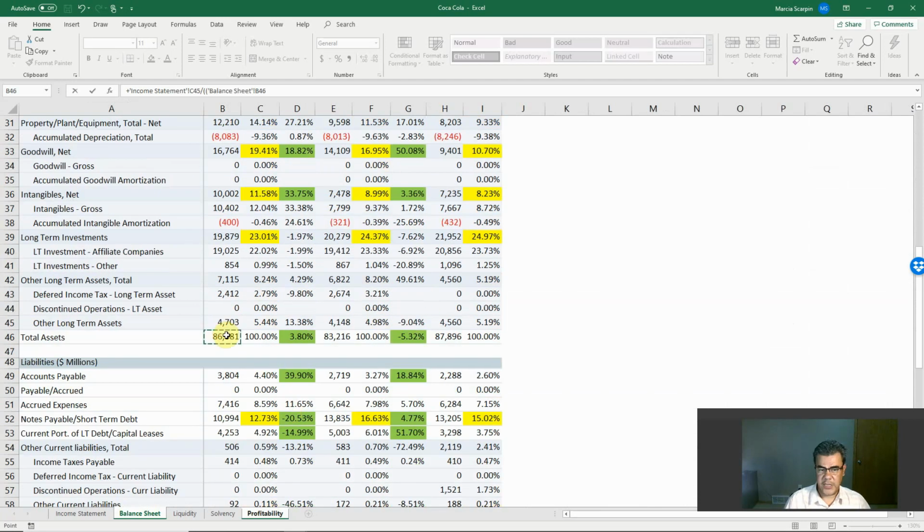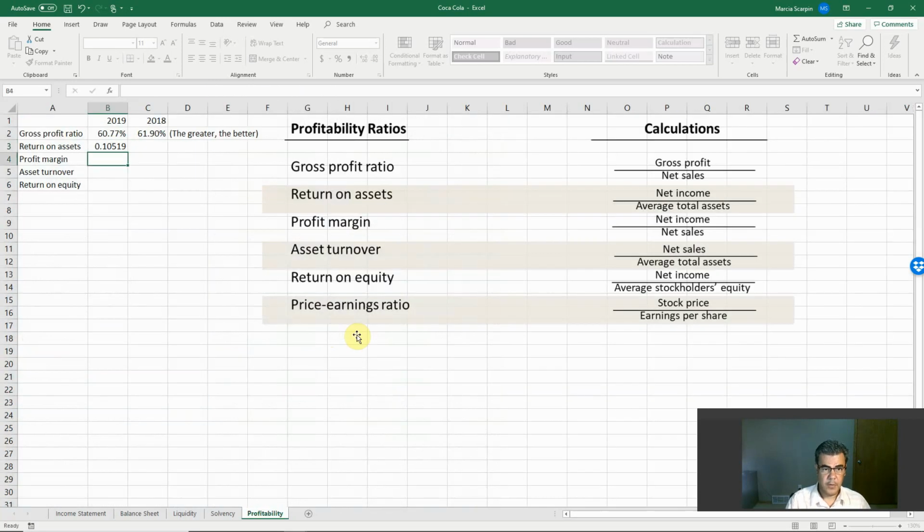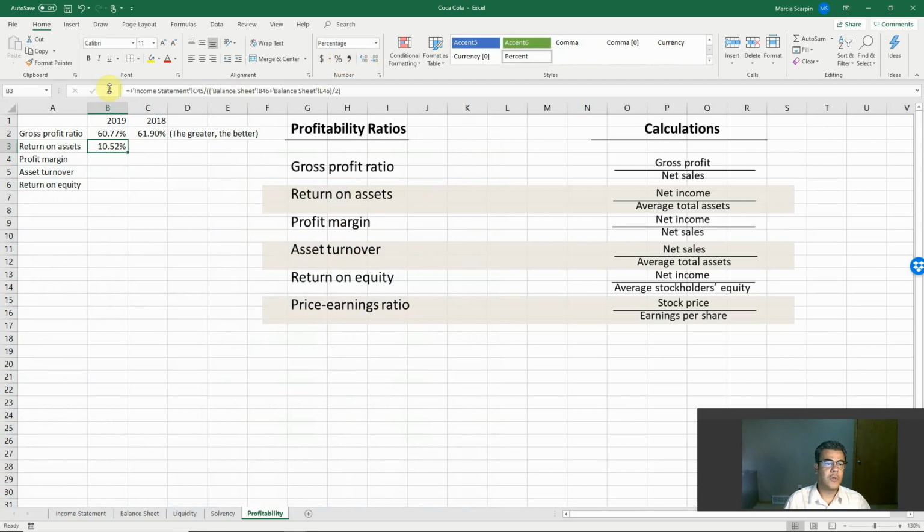Assets 2019 plus 2018. Close the first parenthesis divided by 2. And we have our return on asset also. Let's format here. Okay, everything here is percentage.